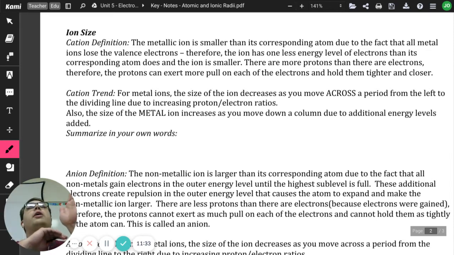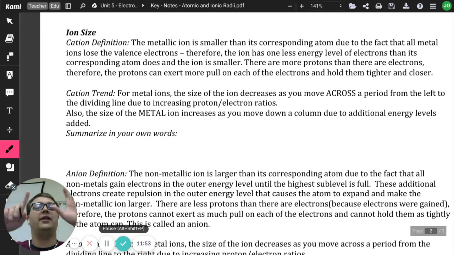So if I start with sodium, number 11 on the periodic table, and then I move over to magnesium, those ions, sodium has a +1 charge. It loses 1 electron. Since it loses 1 electron, that means it's got one more proton than electrons. So since it's got one more proton than electrons, it's going to pull it in a little bit closer.